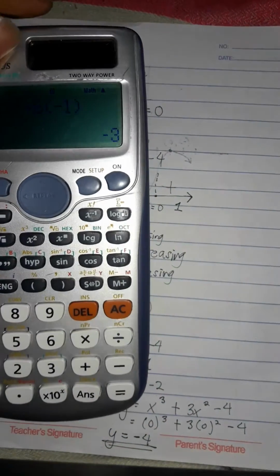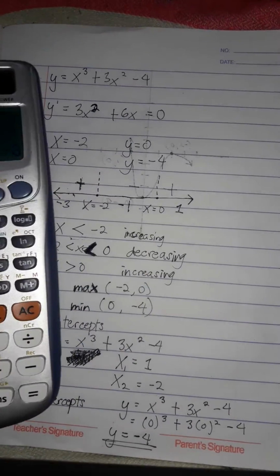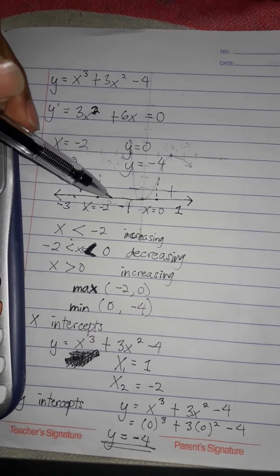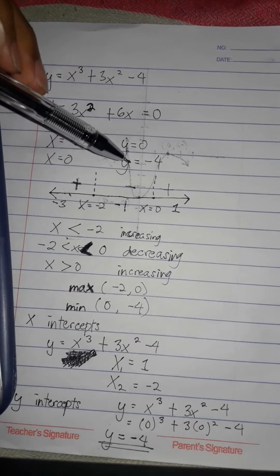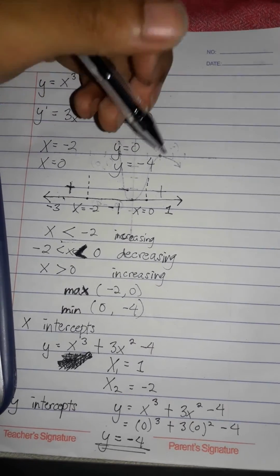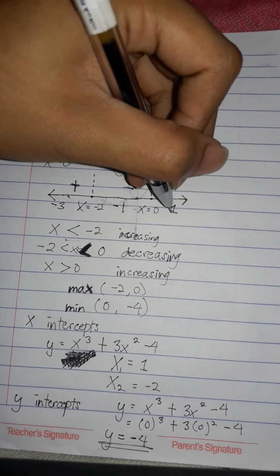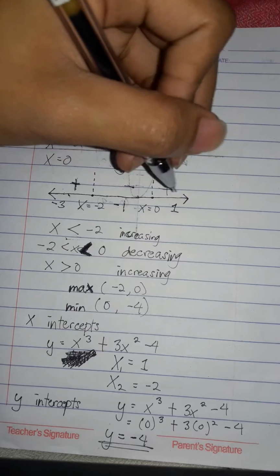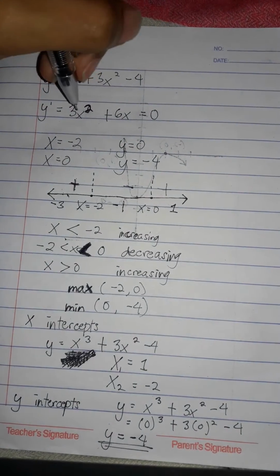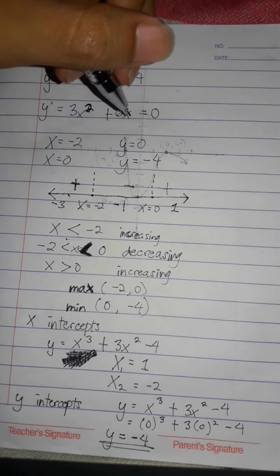So notice that we have a negative 3, and in this number line, this here is negative. So following the same principle, if we substitute the 1 in this equation right here, we'd also get a positive number.